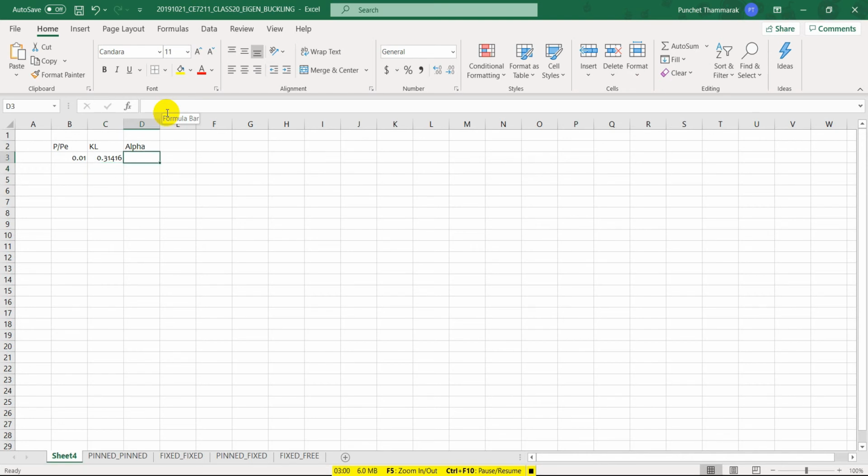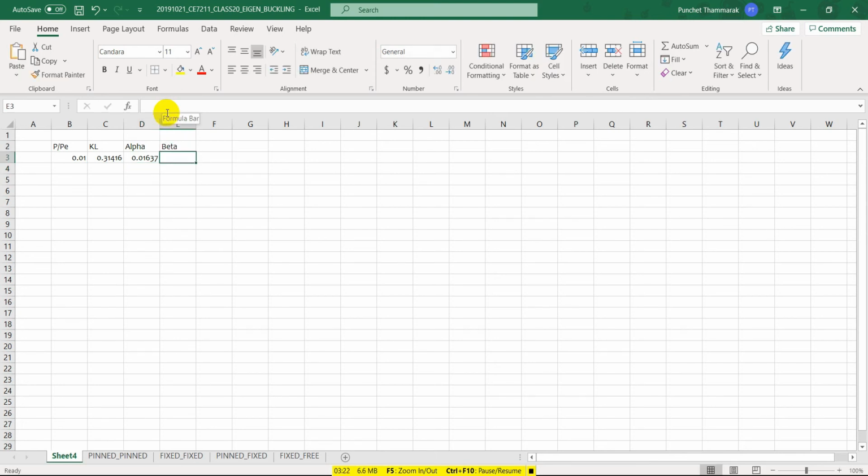Alpha. So let's check alpha. For the uniformly distributed load case, alpha is equals to 1 minus sine of KL divided by KL. We get the alpha. You need the beta as well.